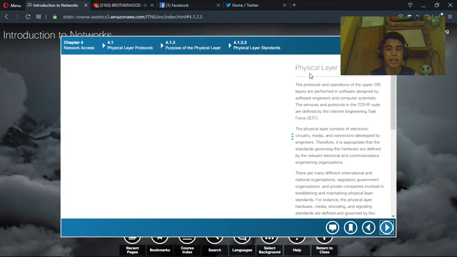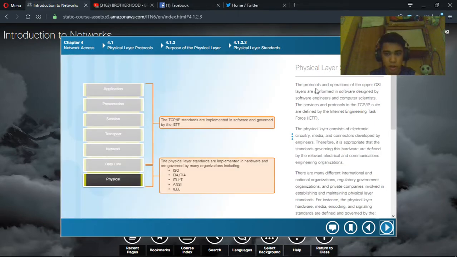Next, the physical layer standards. Protocols operating in the upper OSI layers are performed in software designed by software engineers and computer scientists. The services and protocols in the TCP/IP suite are defined by the IETF, or Internet Engineering Task Force.